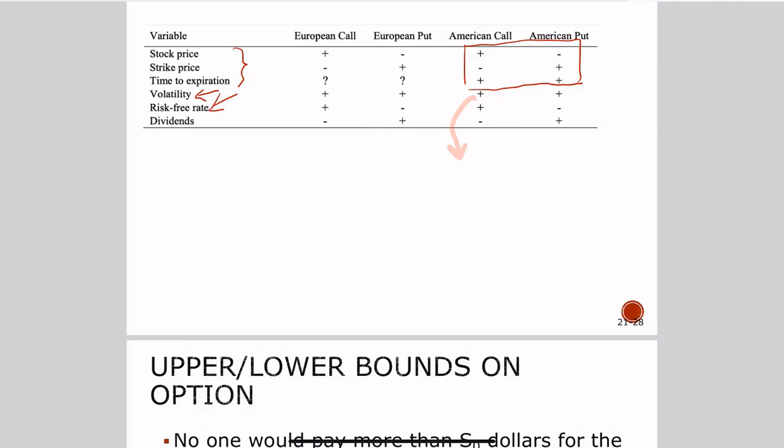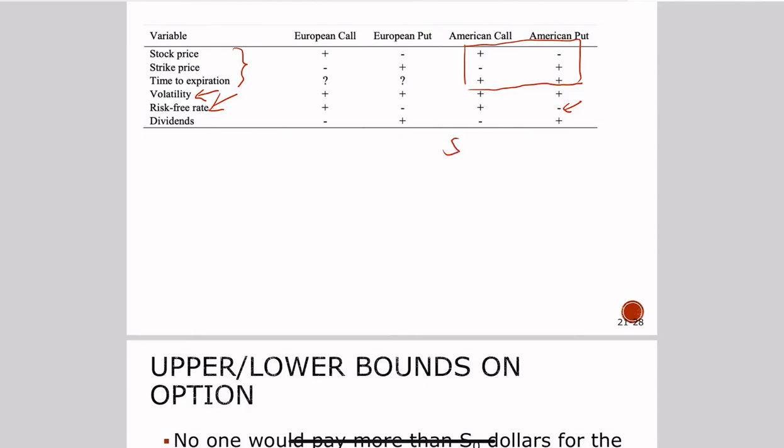So that's why you have a minus sign here. Now, what about dividend? Dividend is actually easy to understand. Paying out a dividend will make call less valuable and will make a put more valuable. Why? Well, again, think about the profit from your trade, right? Or you could just think about the intrinsic value, right?